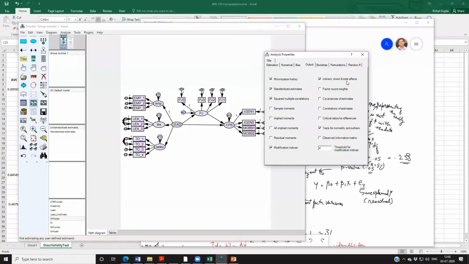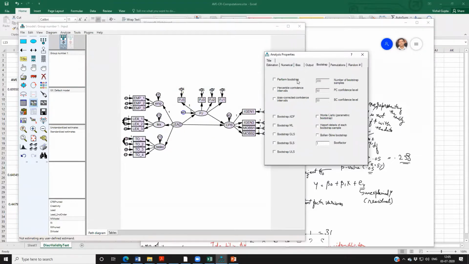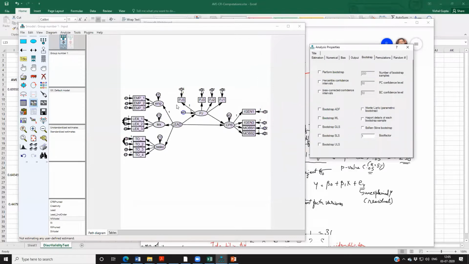And now for the first time I want to do bootstrapping, because I have been testing this model again and again and I have seen that these are non-normal data. I want the tool to report bootstrap results also for all the effects that we have been computing.